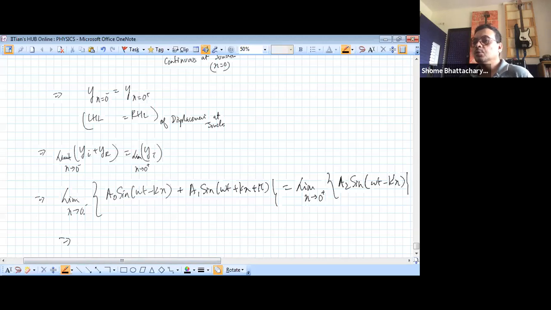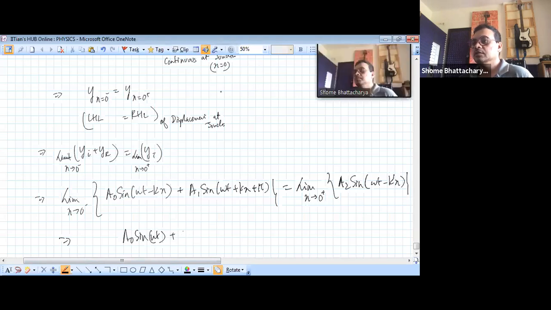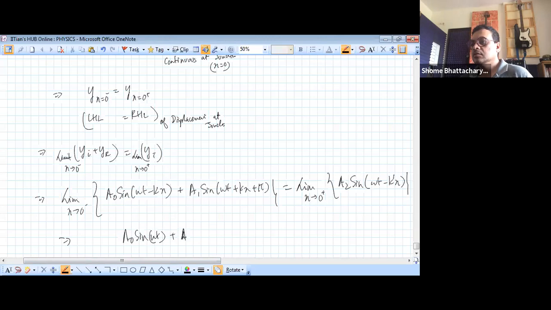So now put the limit, so it will become E0 sin ωt plus E1 sin(ωt + π). So that's actually minus E1 sin ωt. This should be equal to the transmitted wave on that side.